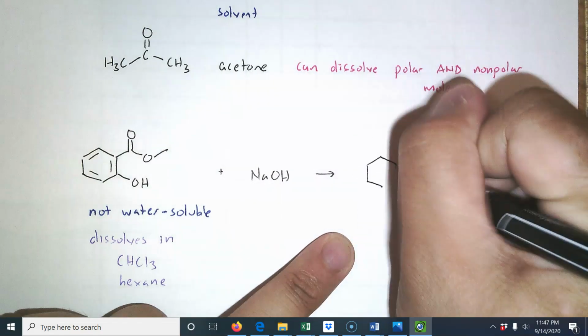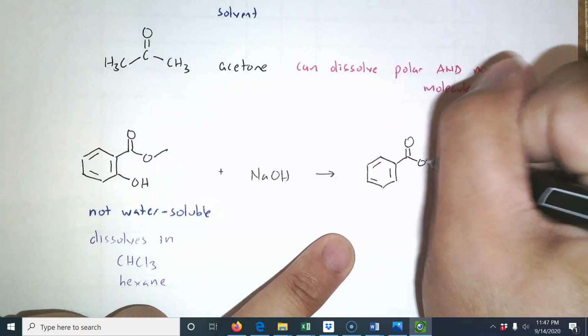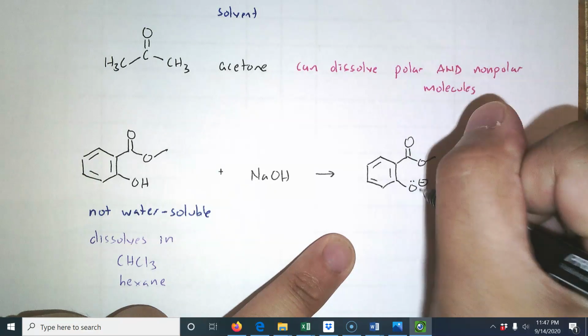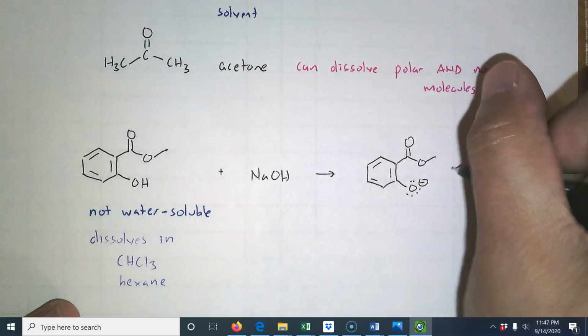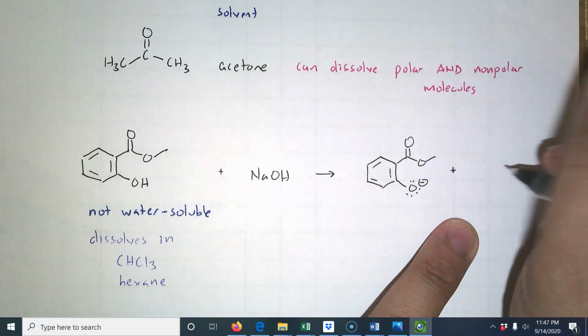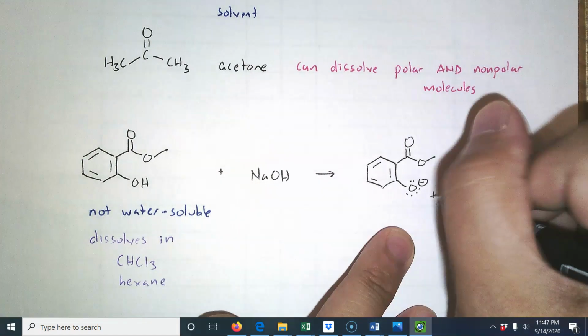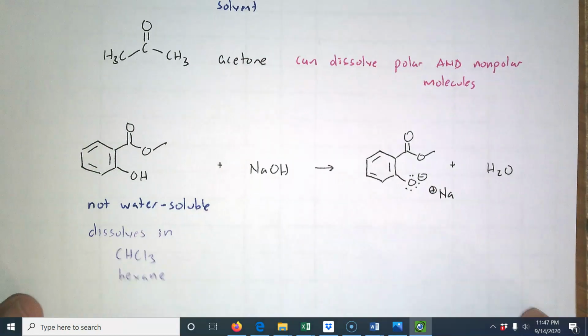And this is our first molecule in this video where we're going to get something that's charged. This is O minus. Now it's O minus because you have an oxygen with one bond and 3 lone pairs. We're not going to go over the details why that's true. That's for another video. And what else do we have? We have water because the H was transferred, and we actually form a salt. Okay, everything is balanced in this reaction now.